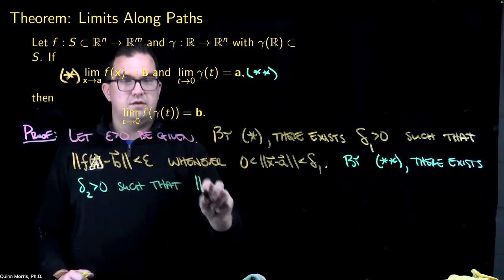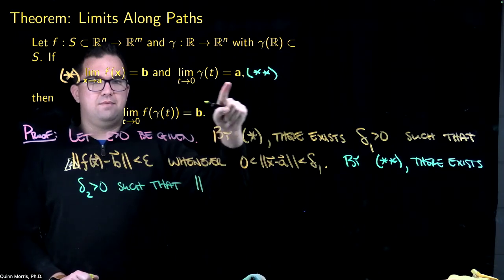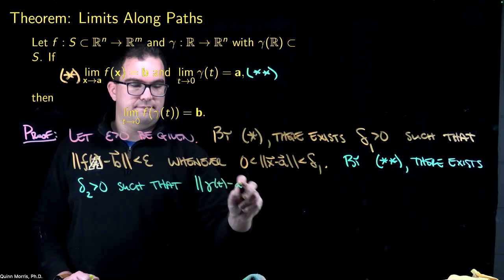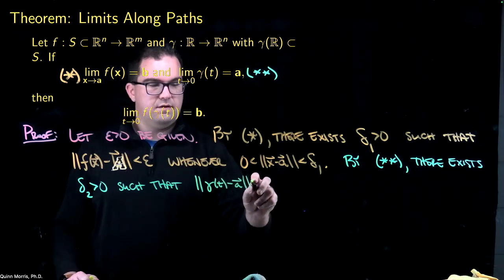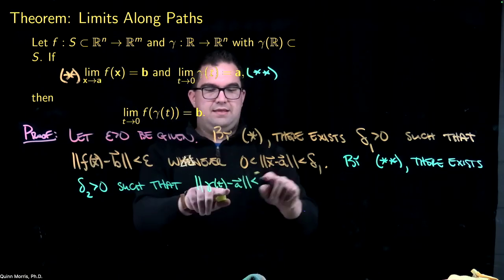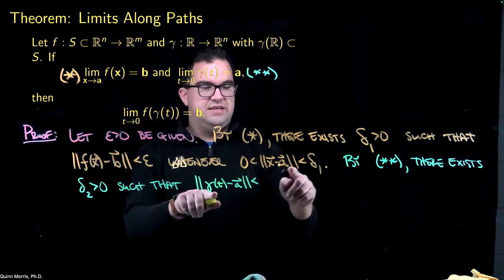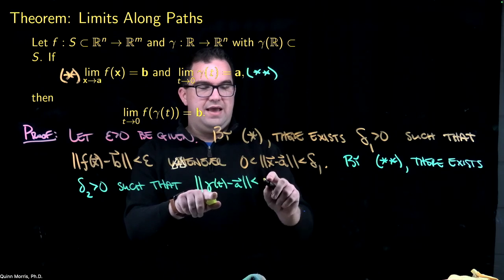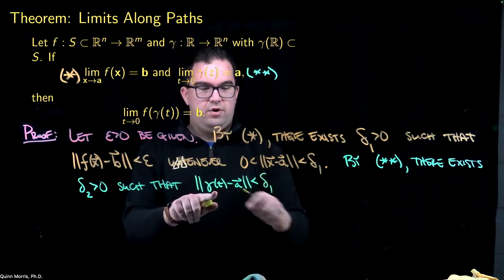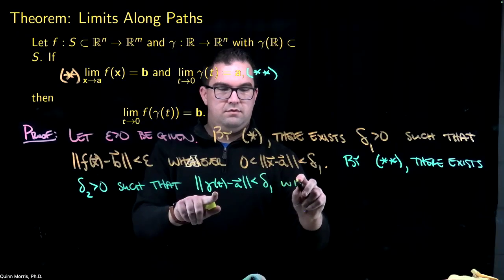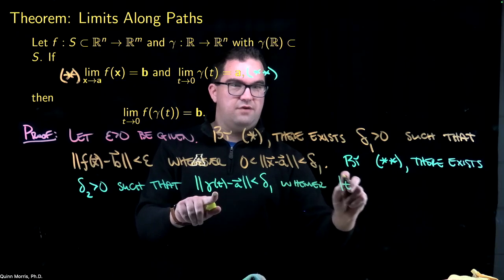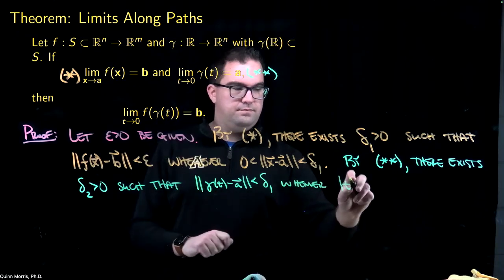Such that now I should be able to make gamma of t as close as I want to a. But I don't want to make it within epsilon of each other. I want to make gamma of t within delta 1 of a. And I can make gamma of t within delta 1 of a whenever t is close enough to 0.